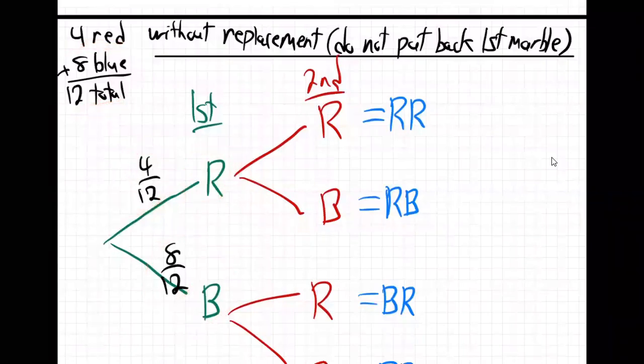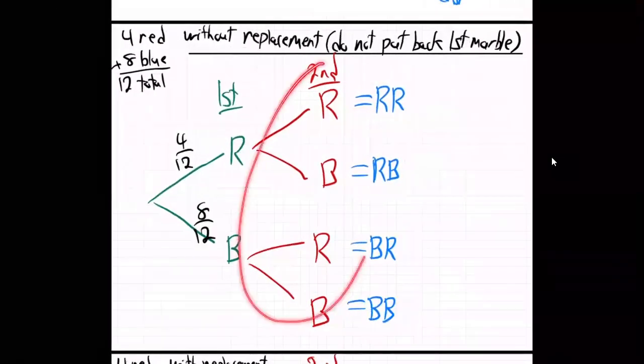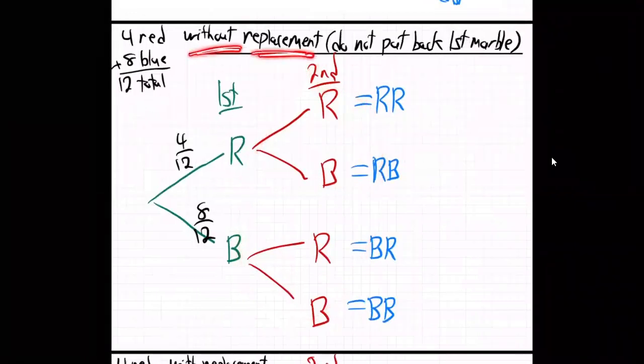No big surprise there. Now, where it gets a little tricky is the second pick. Remember now, we're not replacing the first marble. This is without replacement. Okay, so what? Well, that means, remember, you always move through the tree from left to right. So if I go this way, I got red the first time.